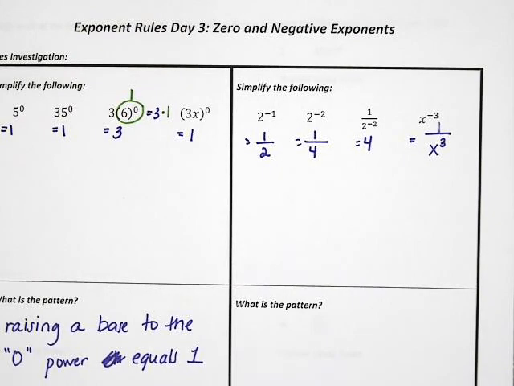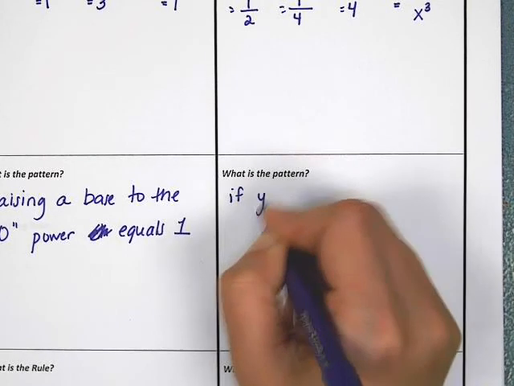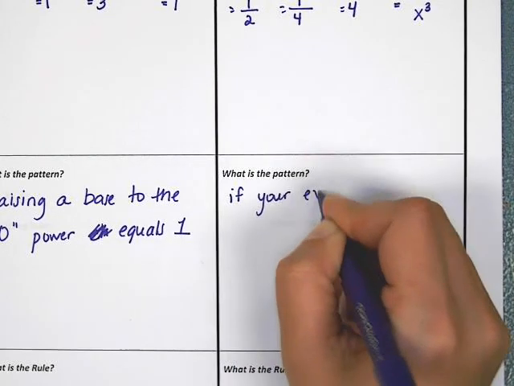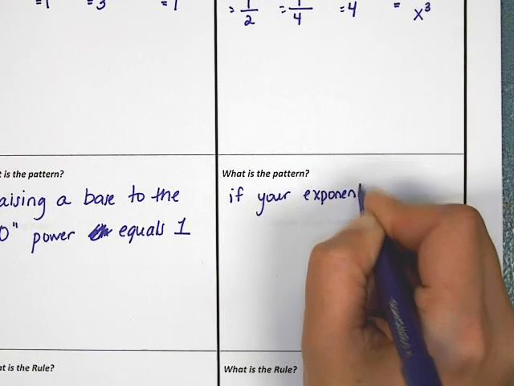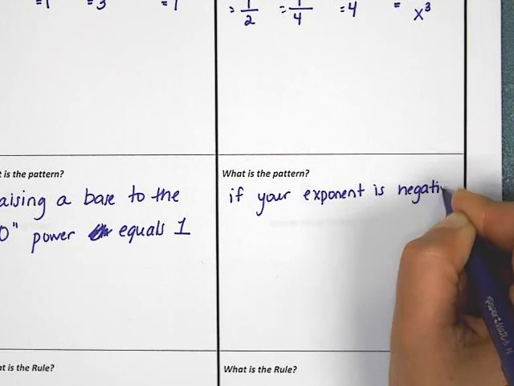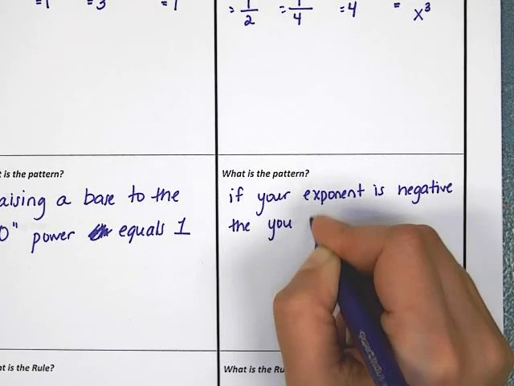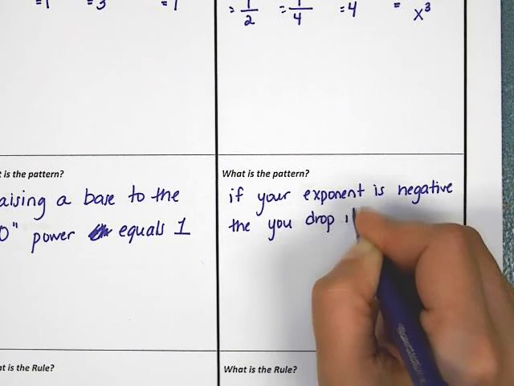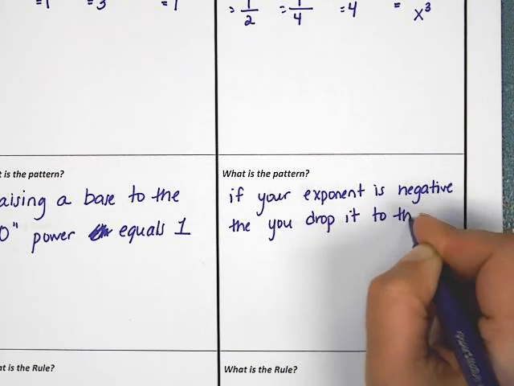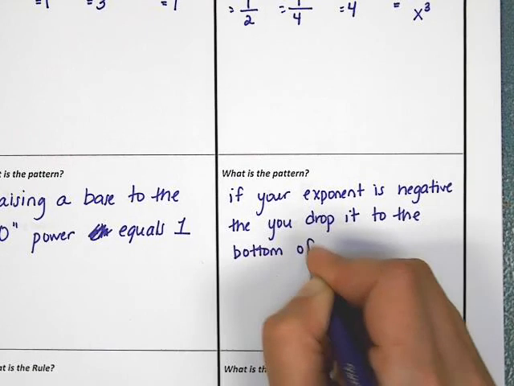The rule here, and what we usually say, is that if your exponent is negative, then you drop it to the bottom of a fraction.